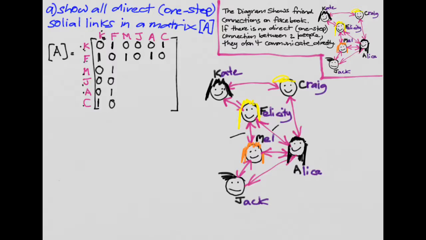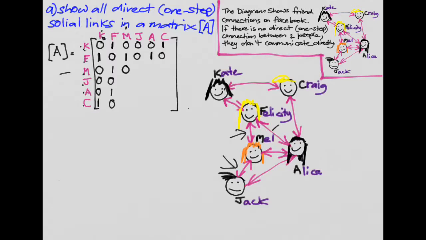Now let's go ahead and look at Mel. So that's row 3 and column 3. Okay, so Mel has got a direct communication with Felicity. So we've got that already. Mel to Mel, she can't do that, so it's 0. Mel to Jack, yes, there is a direct communication here.